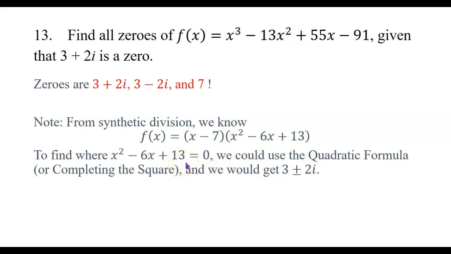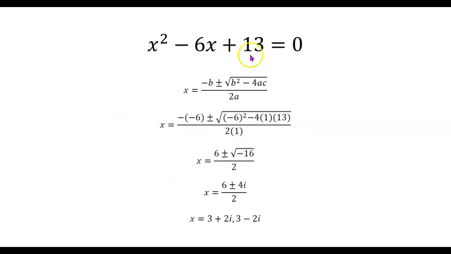If we didn't already know what those were, we could figure that out by solving that quadratic equation, by using the quadratic formula or completing the square. And in fact, we did that right at the beginning of this series of videos. If we use the quadratic formula to solve that quadratic equation, it turns out that the solutions are 3 plus 2i and 3 minus 2i.